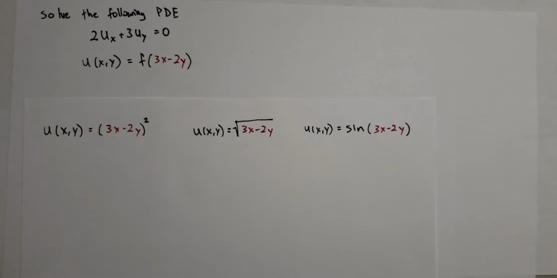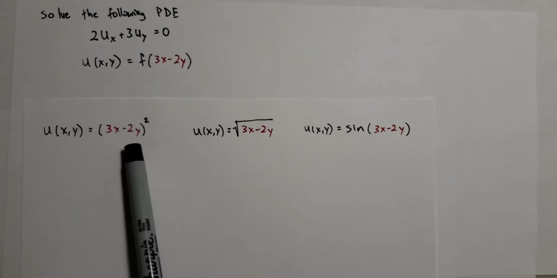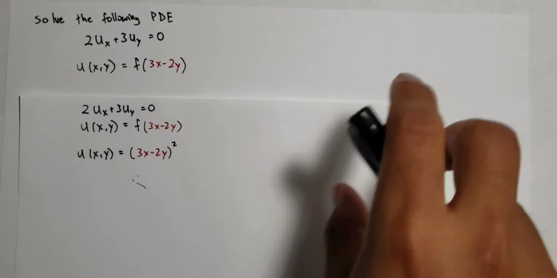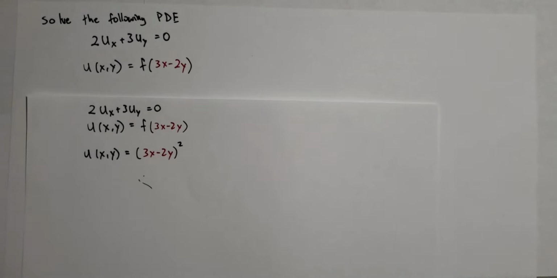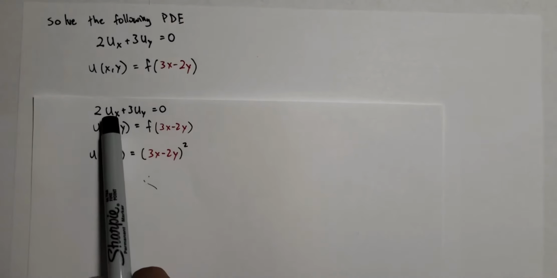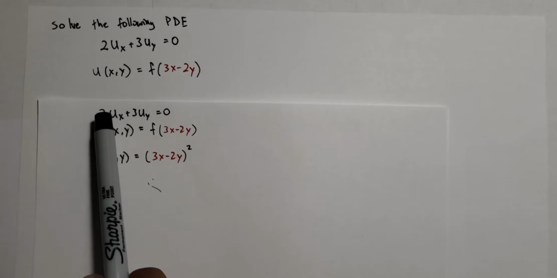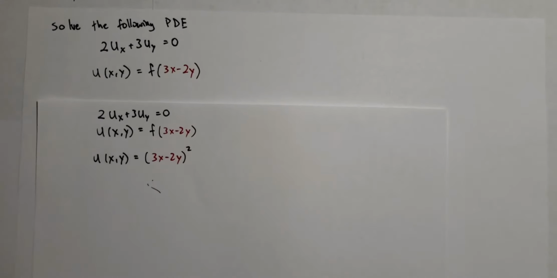Let's say I let my solution equal the square function. So now I'm saying that u of x, y equals (3x minus 2y) to the power of 2 is a solution to this PDE. So we're going to try that out here. What we need to do is take the partial derivative with respect to x and the partial derivative with respect to y, then plug them back into this equation, multiply by 2 and by 3, and see if we get 0.